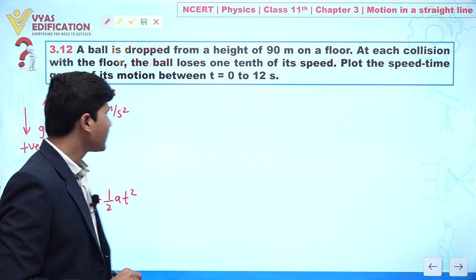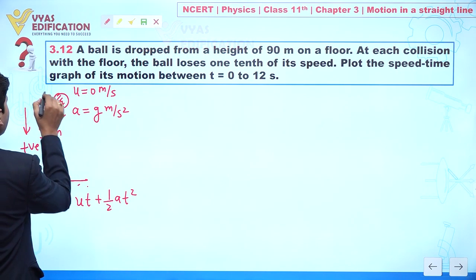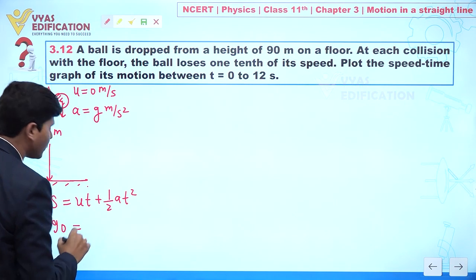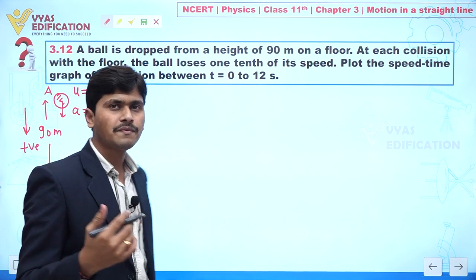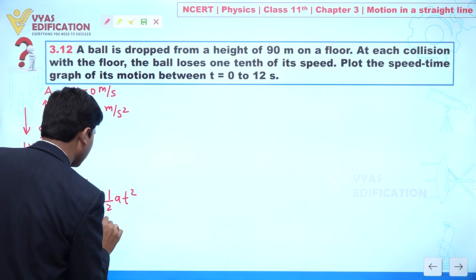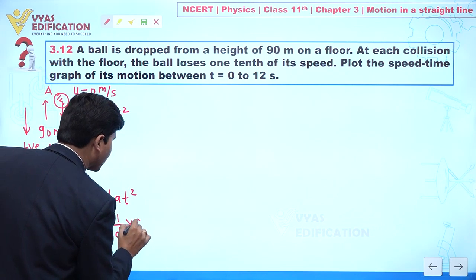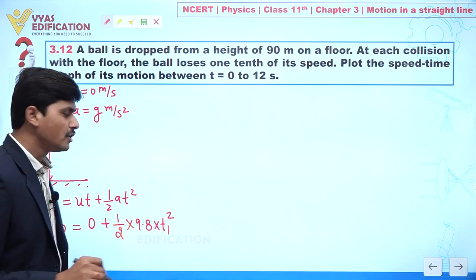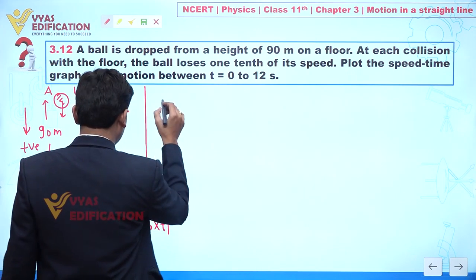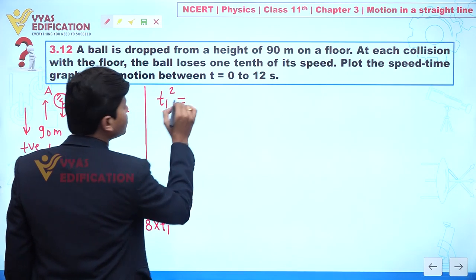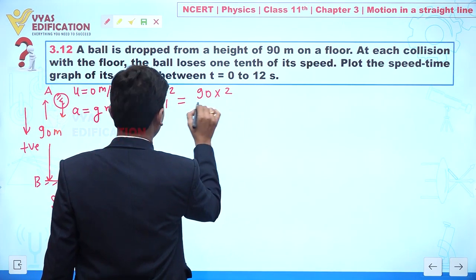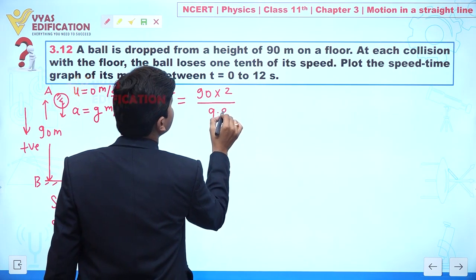Clear? So the total distance from this point A to B is 90, equal to, because this is a case of free fall, the initial velocity is 0, so 1/2 into 9.8 into t1 square, where t1 is the time taken. So finally t1 square equals 90 divided by 9.8.